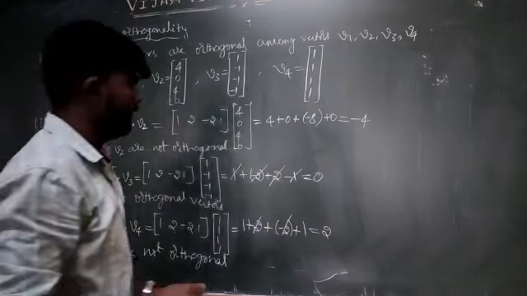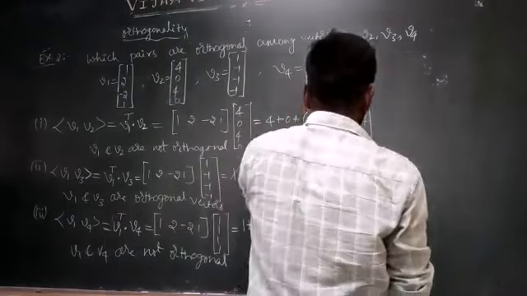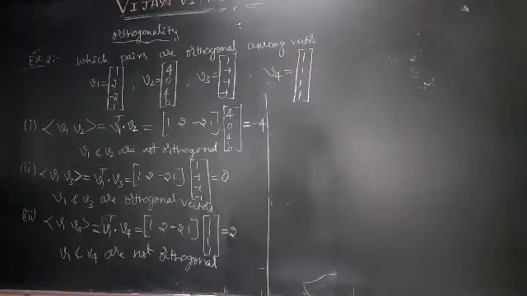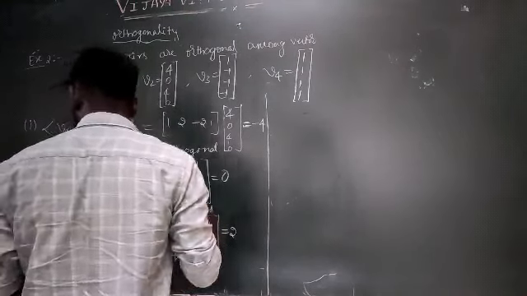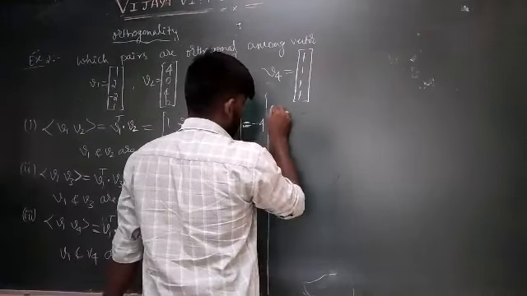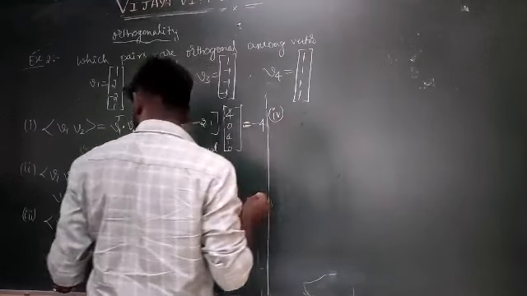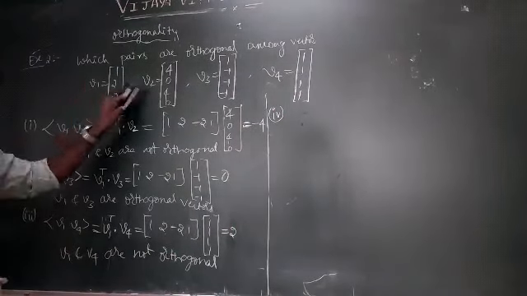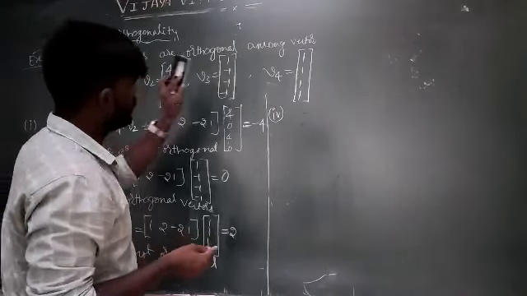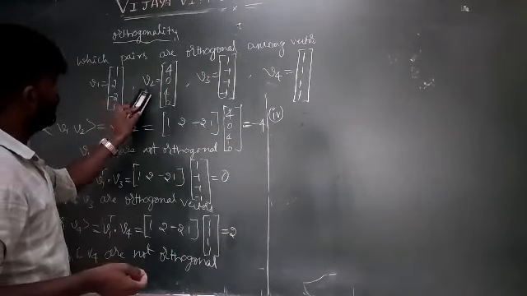Next page. Now another pair of vectors. The fourth pair: v1 with v2, v1 with v3, v1 with v4 are over, and now v2 with v3.